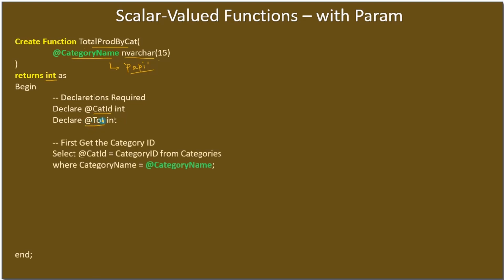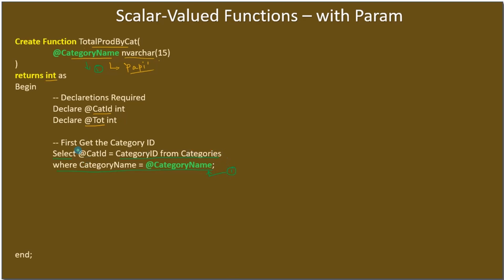And if you see how we are using it, this is our select query. Select category ID from categories table where category name equals whatever the incoming parameter is. So if this is 1, we are substituting that 1 here, right?